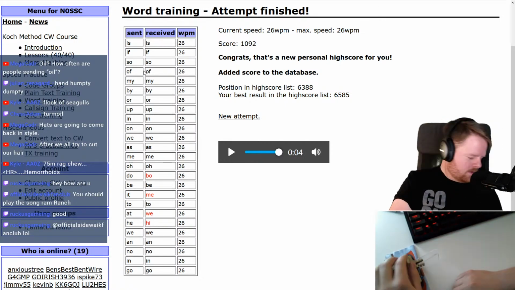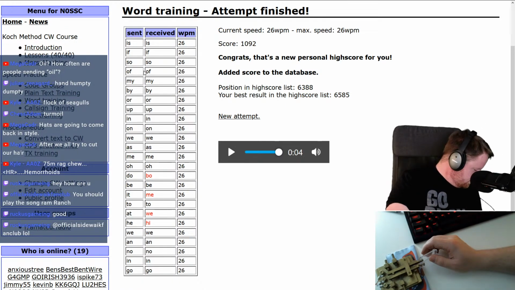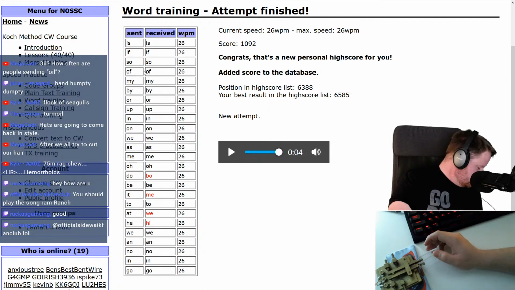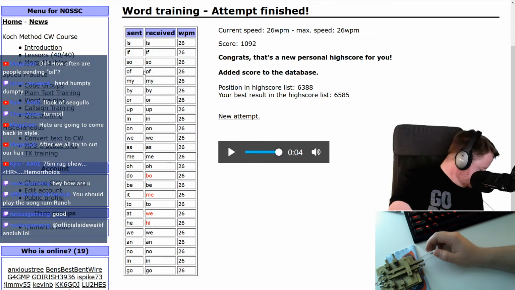You get the drift. In fact, my key speed is 27 words per minute. I can change the pitch, and I haven't figured out how to make this work right.